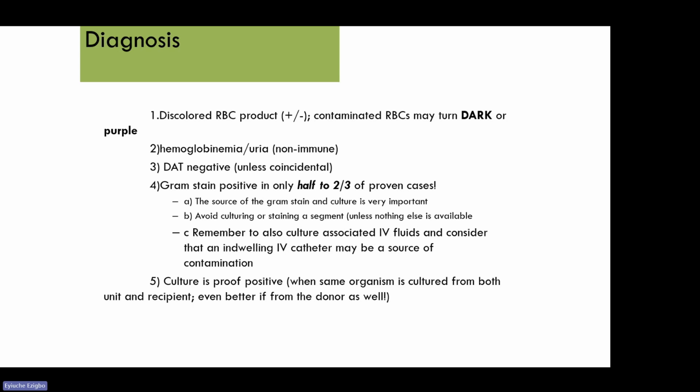So we culture everything along that pathway of transfusion to be able to pin down exactly where the bacterial contamination is coming from. Culture is proof positive when some organism is cultured from both unit and recipients, even better if from the donor as well. So every person along that chain of transfusion and the blood bag has to be cultured.